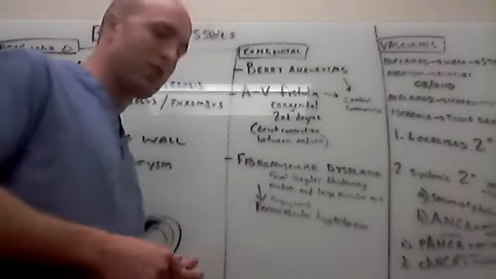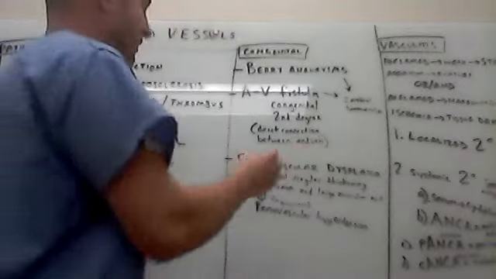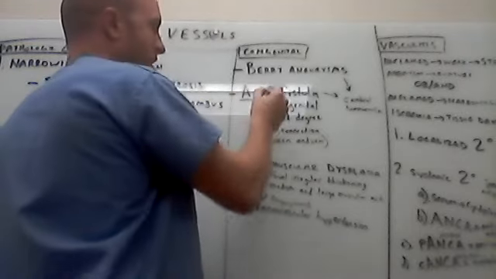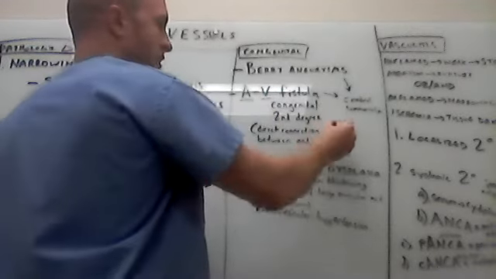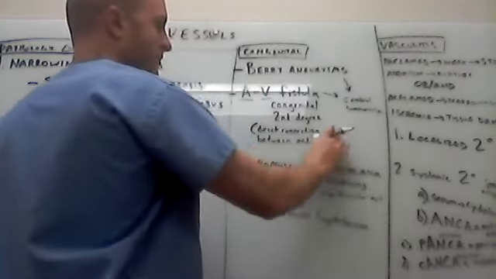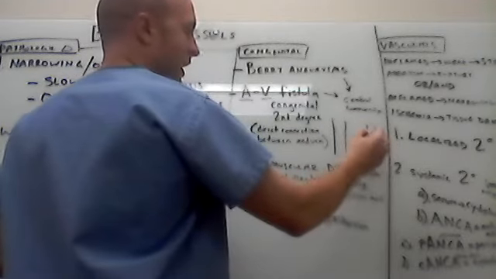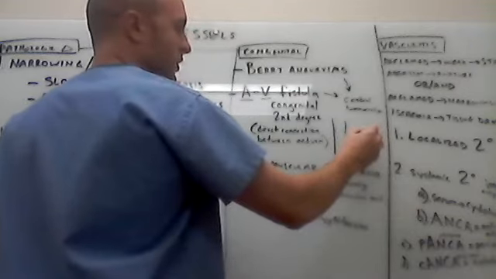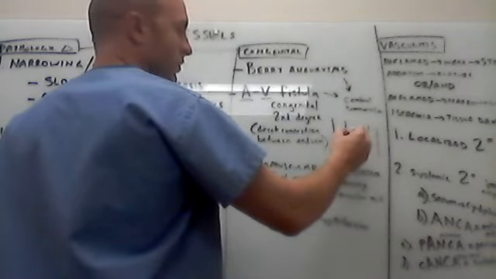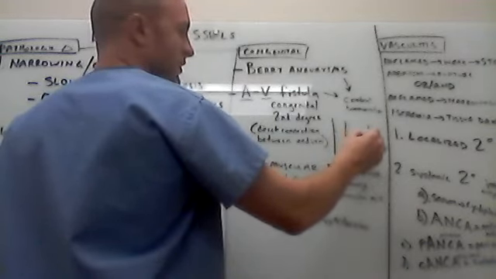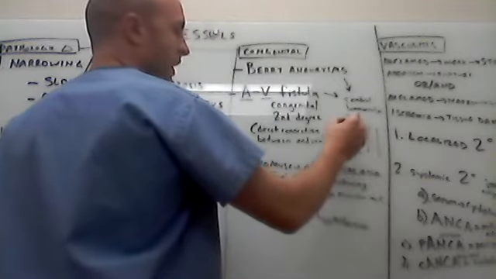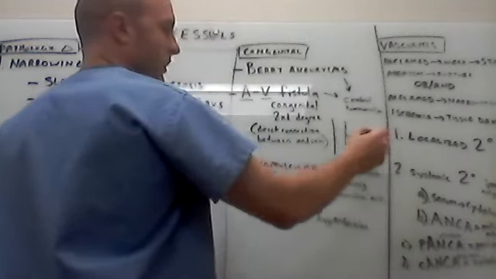An AV fistula is basically, A stands for artery and V stands for vein. Typically you have an artery like this, and then you've got your vein over here, and connecting these two you're going to have capillaries and all these things, and the blood will go through here and go from here to there.